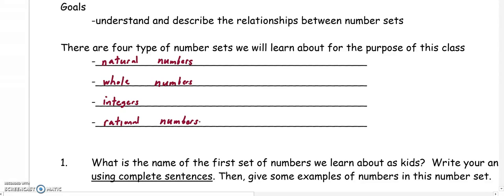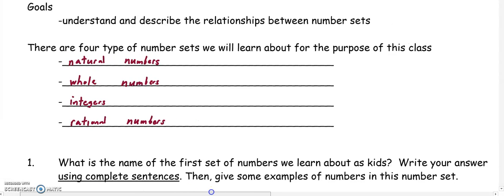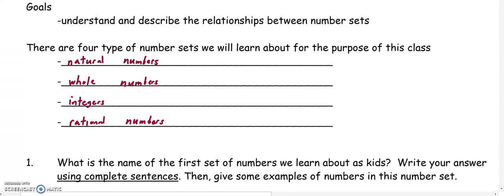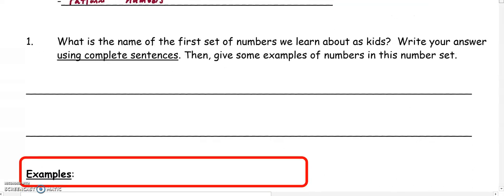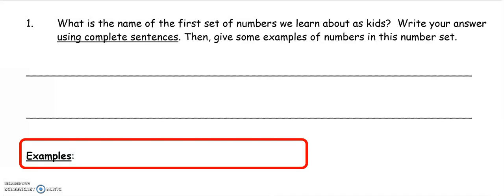So let's learn a little bit more about each set of numbers. What was the first set of numbers we learned about as kids? Thinking back to when we first started learning about numbers, we learned how to count. So we use the natural numbers in order to count.